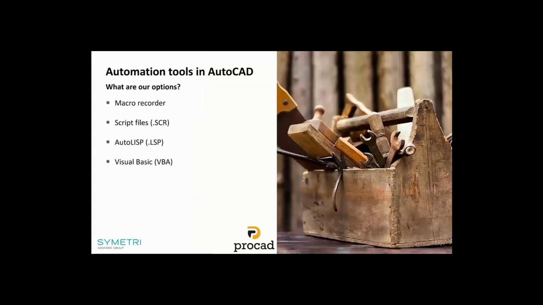So what are the kind of options available to us? So outside of the new My Insight section that was in 2023 and the specialized toolkits, there's always been a few different things we have here. So the most basic one we have is the macro recorder or action recorder that's built into AutoCAD. And I believe that's also in AutoCAD LT. Then we have simple script files, also known as SCR files. I'm sure some of you may have come across these before.